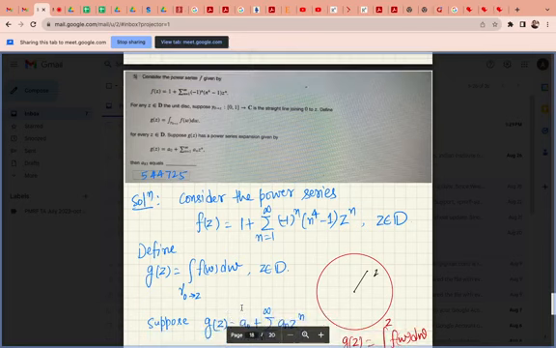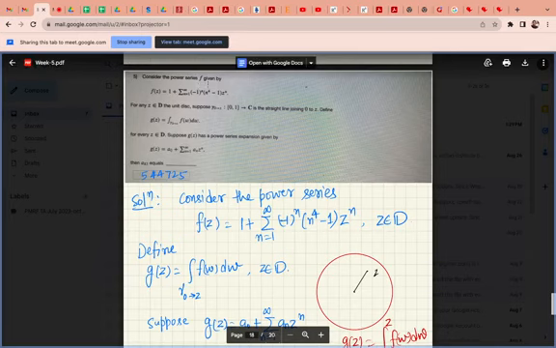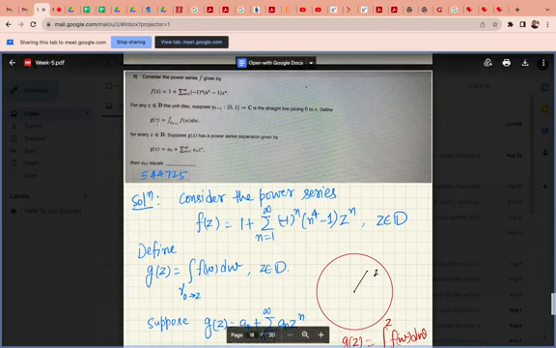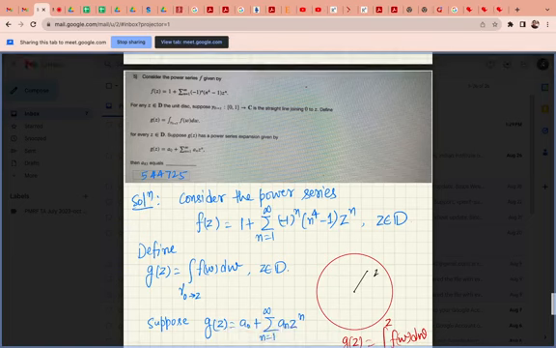Now let us look at the last question. Consider the power series f given by f(z) equals 1 plus the summation from n equals 1 to infinity of minus 1 to the power n, n to the power 4 minus 1, into z to the power n. For any z in the unit disc, suppose gamma is a straight line from 0 to z, and define g(z) as the integral over gamma from 0 to z of f(w) dw for every z. Suppose g has a power series expansion given by this one.